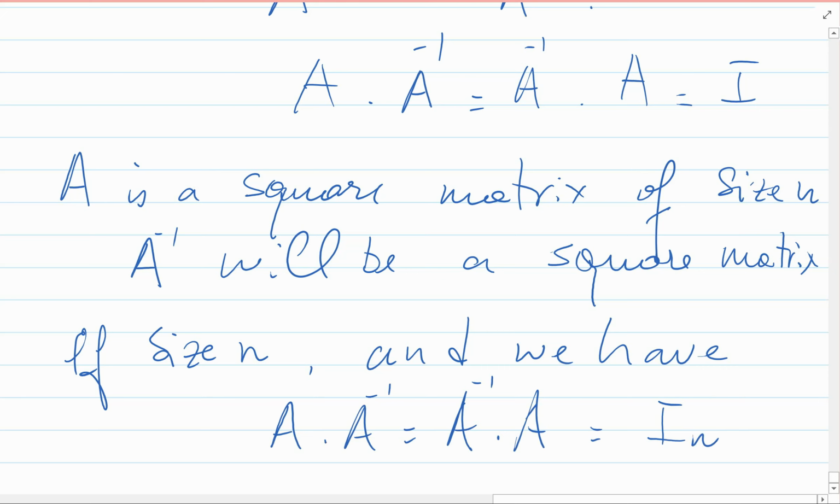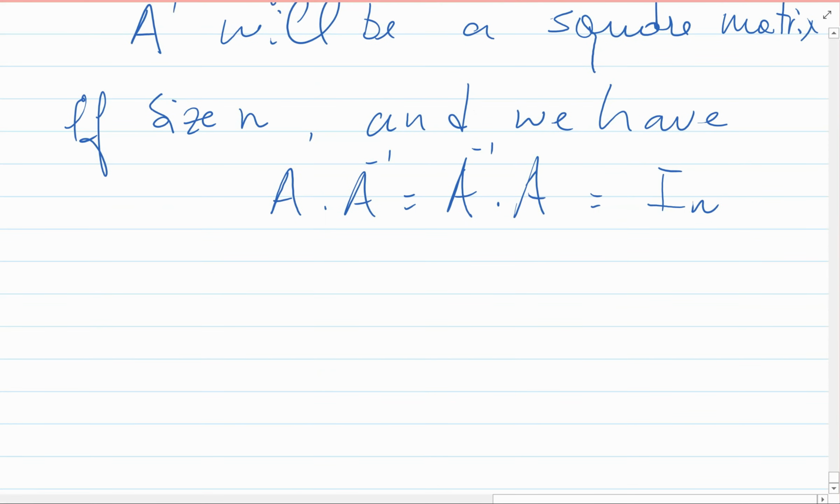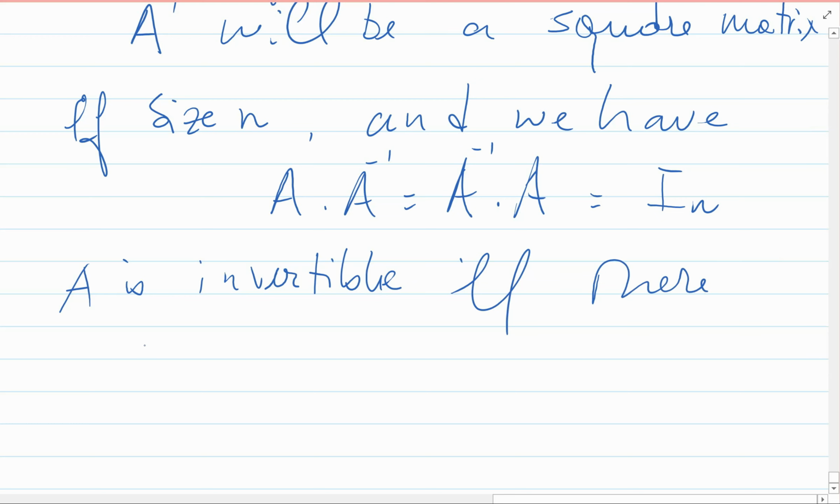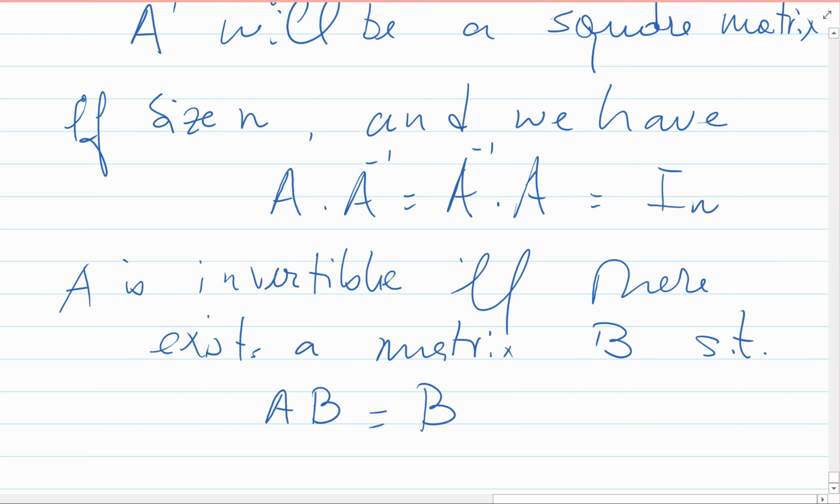Okay, so it's the identity matrix of size n. So basically this will be our definition, meaning that A is invertible, or has an inverse, if and only if there exists a matrix B of the same size such that AB equals BA equals In.